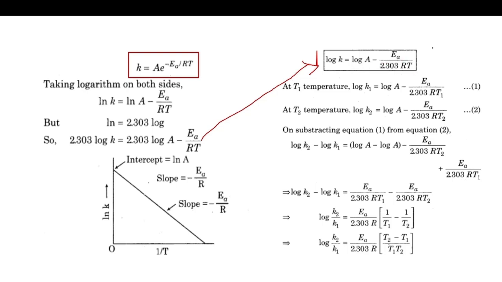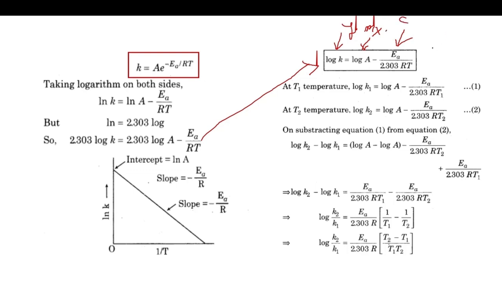So this equation is telling us that log k equals log A minus Ea by 2.303 RT. If you look here minutely, you can see that this is your y, this value is your m, this is your x, and this value is your c.